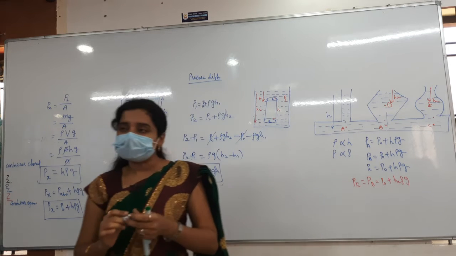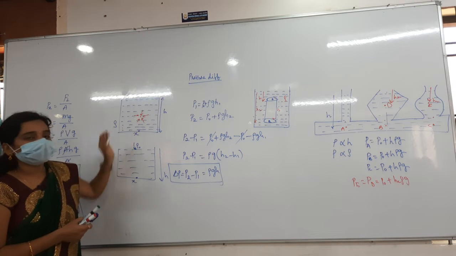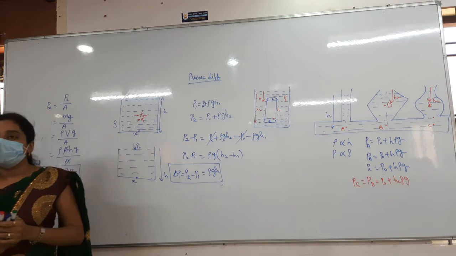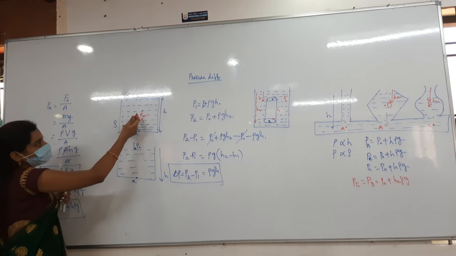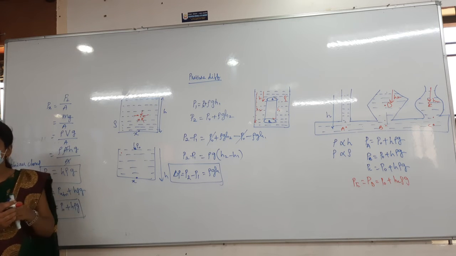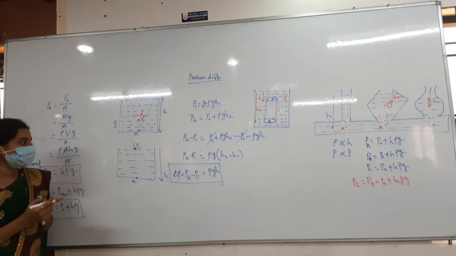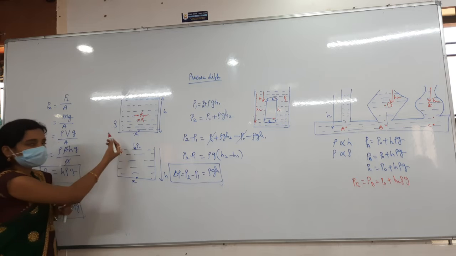Clear? And one more important thing is, whenever you consider any point, the pressure at that point will be the same in all directions. For example, if I consider a point exactly in the middle here, people might think that here less water is there so less pressure, from the bottom more water is there so more pressure.